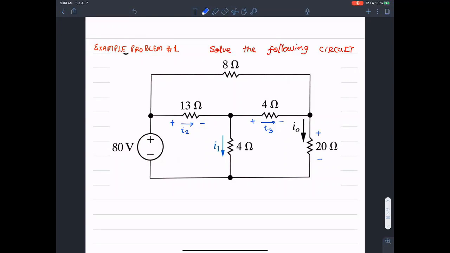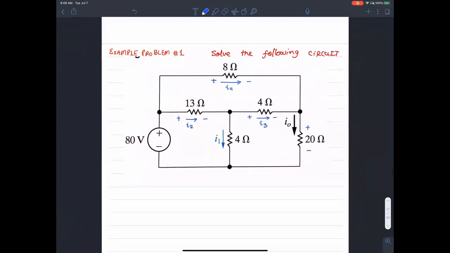The next branch current that I'm going to look at is the current through the 8 ohm resistance. I'm going to call this I4. The idea is I want to be able to find out the total current that is supplied by the power supply, the voltage source.